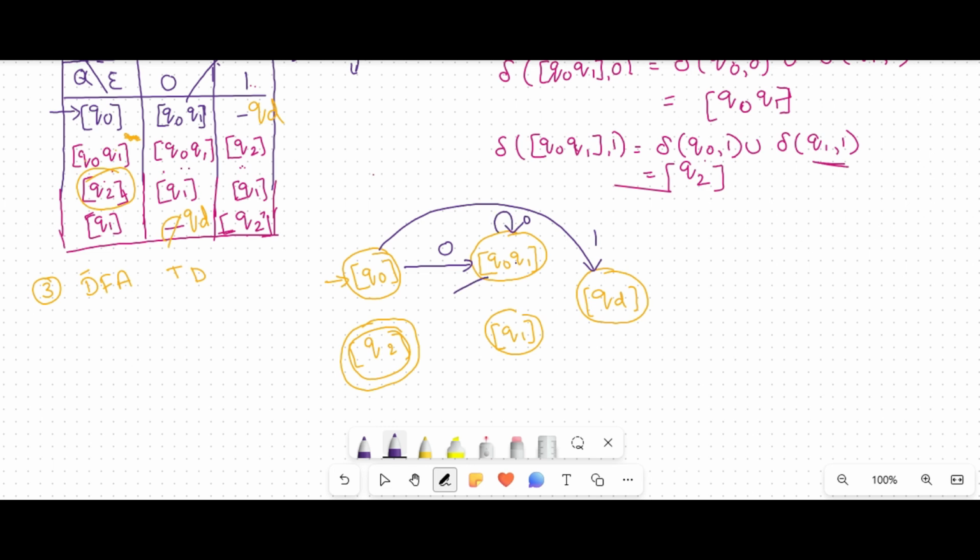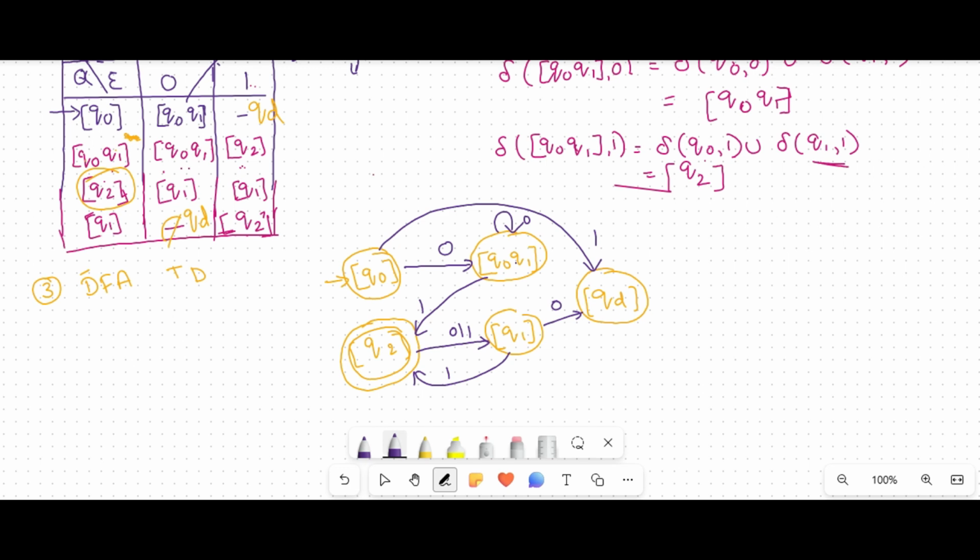Q0 Q1 with 1, Q2, correct. Next Q2 with 0 and 1, Q1 only. So 0, 1. Next Q1 with 0, QD. Q1 with 1, Q2. So 1.